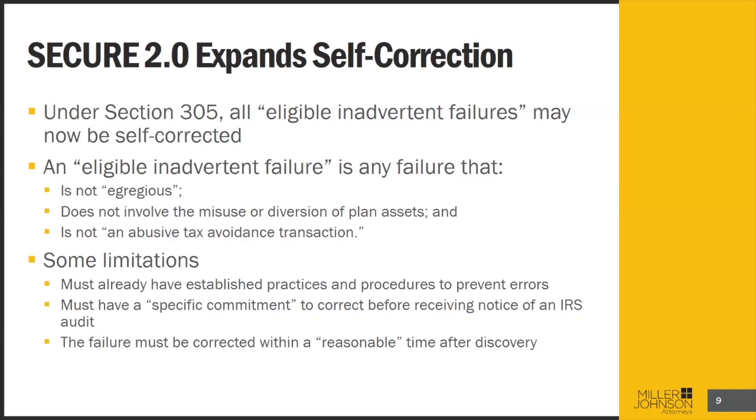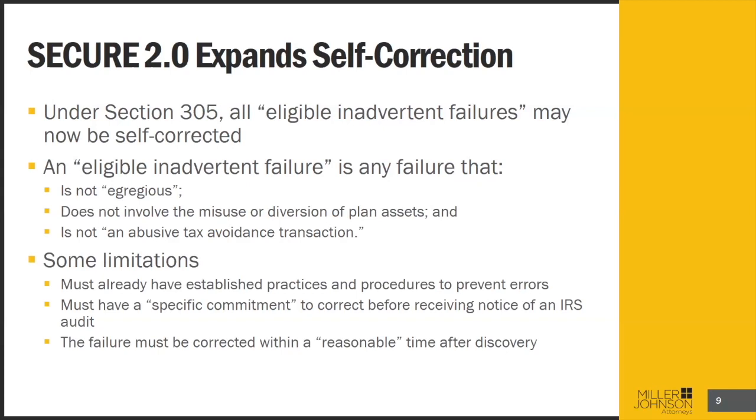They're not intended, though, to fix something that the employer may have done to intentionally skirt some tax rules, for example. But 99% of the errors that we deal with are eligible inadvertent failures. They're just kind of understandable errors in the administration of the plan.